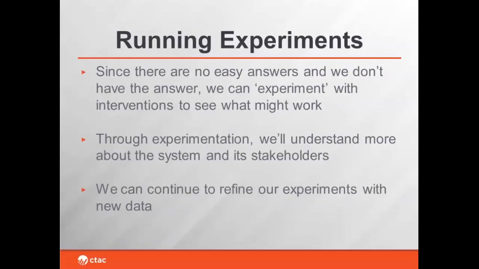So earlier we were saying that you have to titrate the pressure, that you can't make change so rapidly that people freak out or so slowly that nothing happens. We like to use the analogy of a pressure cooker. If the heat is too high, the top of that pressure cooker is going to blow off. If the heat is too low, that dinner is not going to get cooked, right?